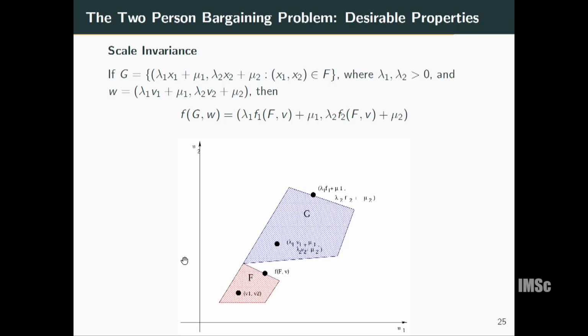This is called scale invariance. That means, when I am linearly transforming my entire space, the solution is also transforming by the same linear map. The physical intuition behind this is, if you have a game and you multiply everything by 10, then whatever solution you are getting should also be multiplied by 10. It should not be some arbitrary number.